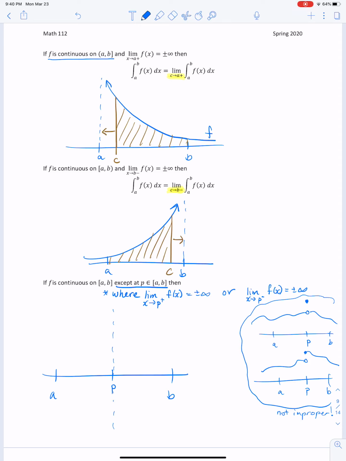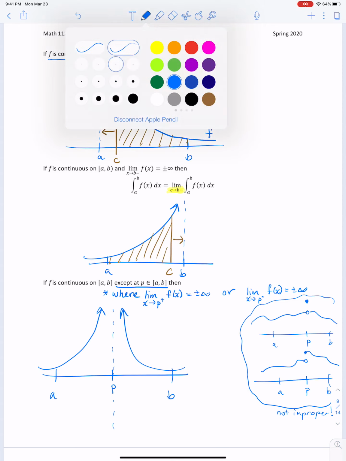It may be that the function is approaching minus infinity, diving down near P, but we handle that limit-wise exactly the same.